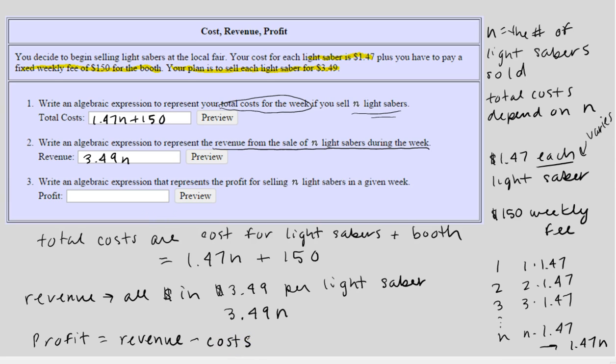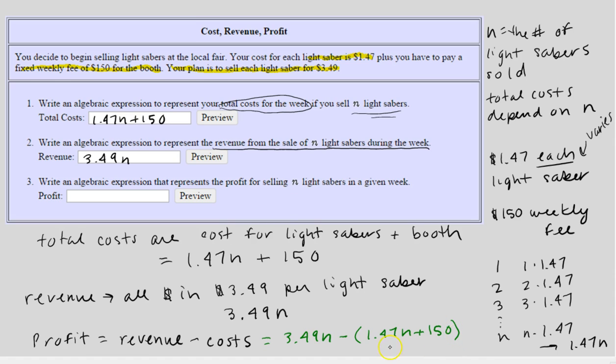Okay, so let me do this in a different one. The revenue is 3.49n. So we found that here. That's how much money we take in. Now we have to subtract off this entire expression, minus (1.47n plus 150).